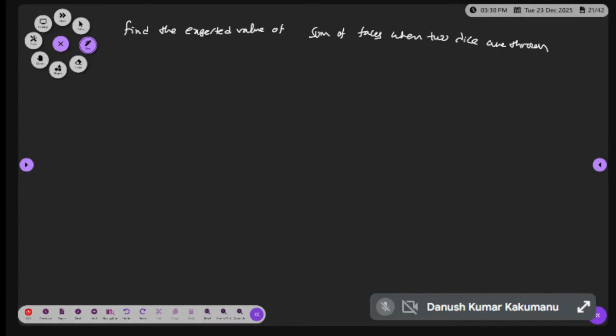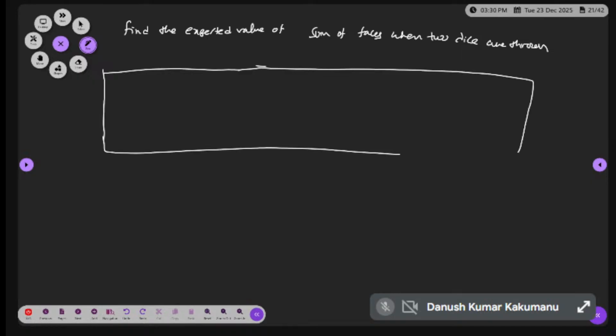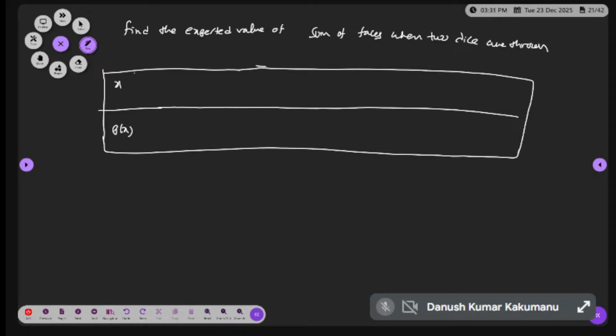When two dice are thrown, how many total possible outcomes? 36, all of you know. X, P of X. What is the minimum sum of the faces?